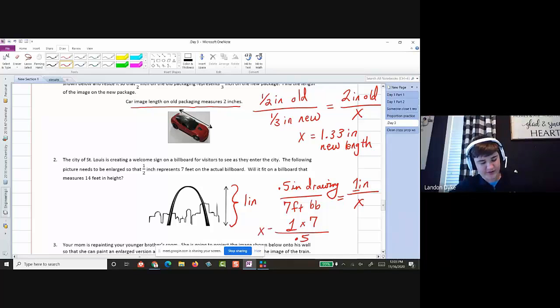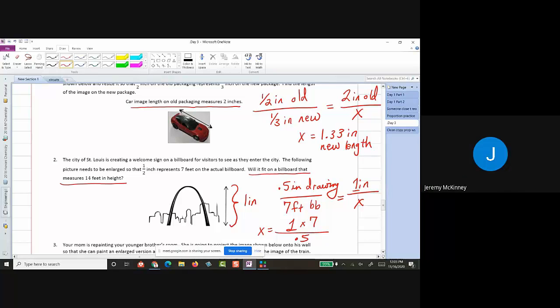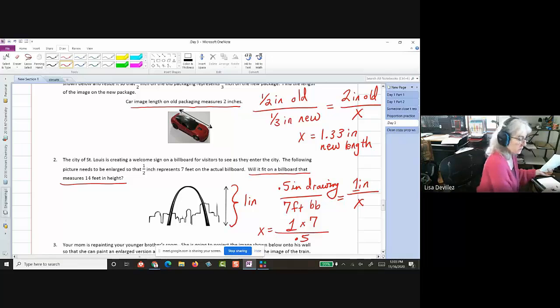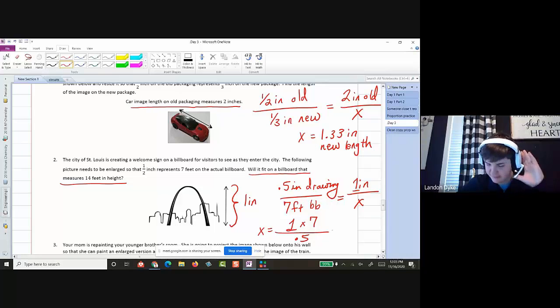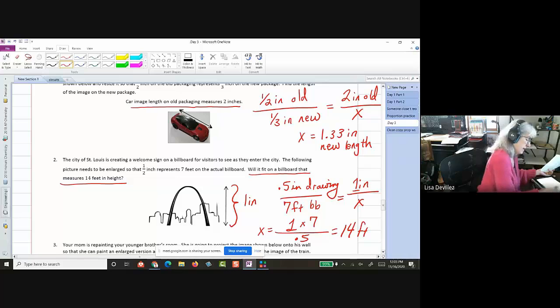Why is the 14 not in there? That's what we're testing. It says, will it fit on a billboard that measures 14 feet in height? So if X is equal to or less than 14 feet, the answer is yes. I get that X is 14 feet, so yes, it will fit.